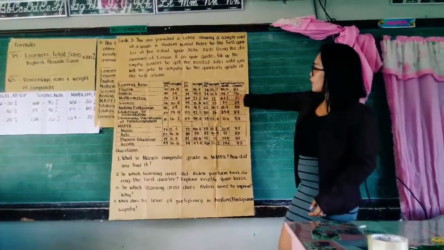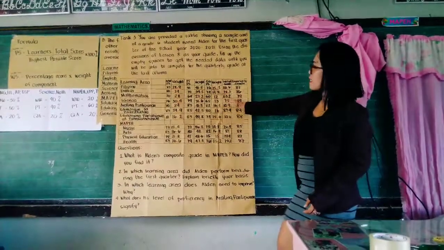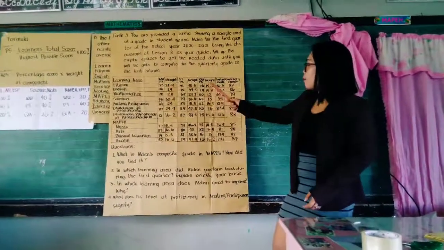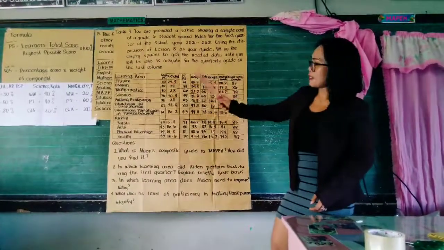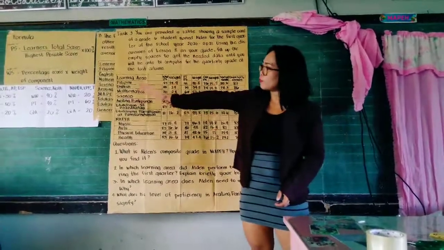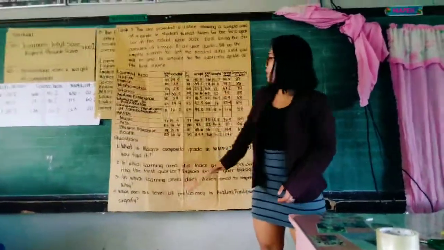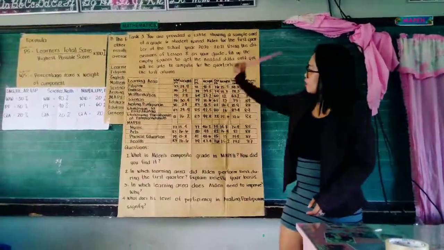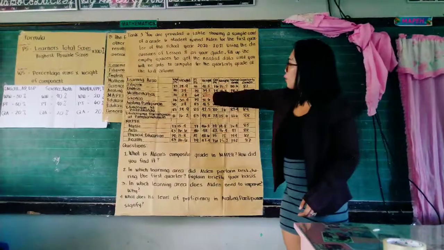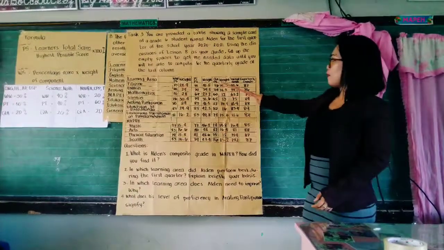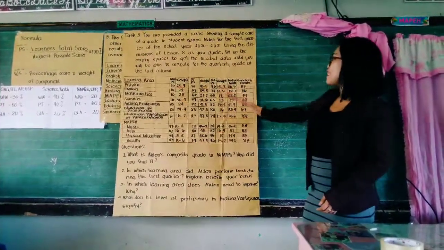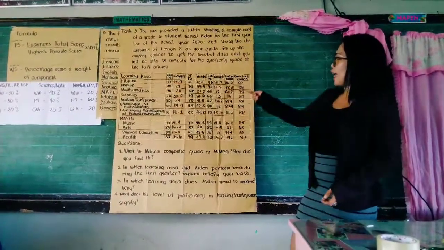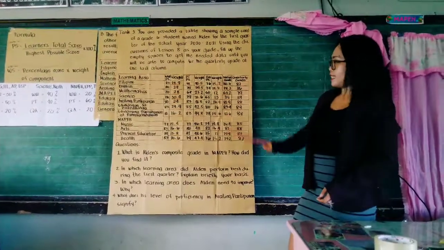Then, for the quarterly assessment, 76 times 20% equals 15.2. 20% because the quarterly assessment weight of Filipino is 20%. Then, I add the weighted scores: 24.9 plus 40.5 plus 15.2 equals 80.6. Then, the transmuted grade for 80.6 is 87.